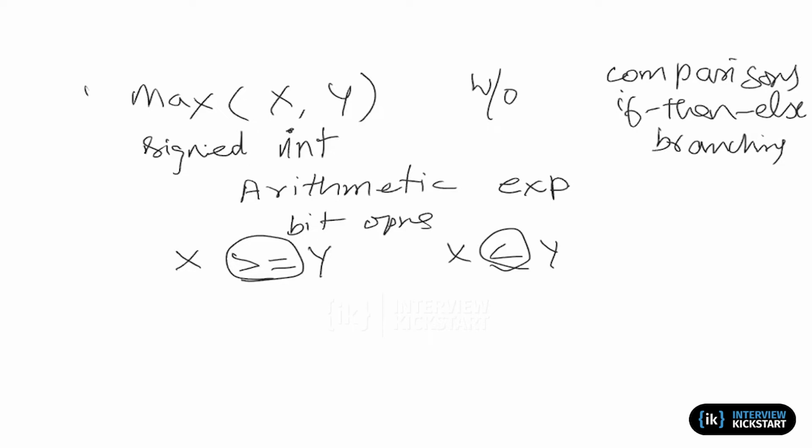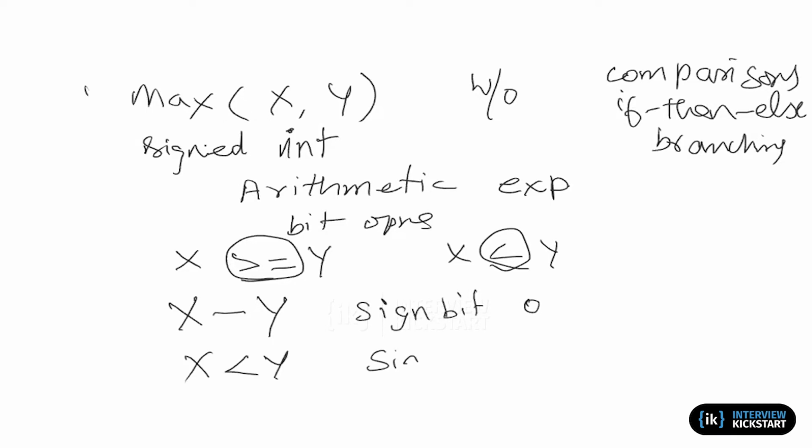The key thing is these are the discriminators: greater than, equal to, and less than. How do you do that? You're allowed to do X minus Y. Typically comparison is done by finding the difference. If X is greater than or equal to Y, then the sign bit will be 0 in this case, and if X is less than Y, the sign bit will be 1.